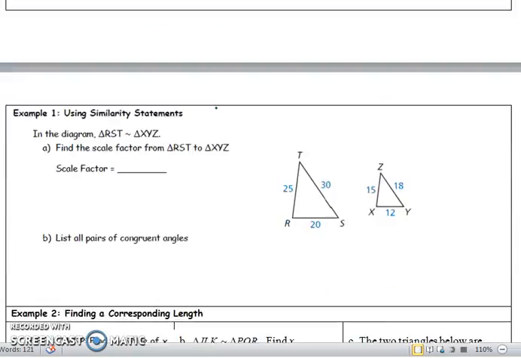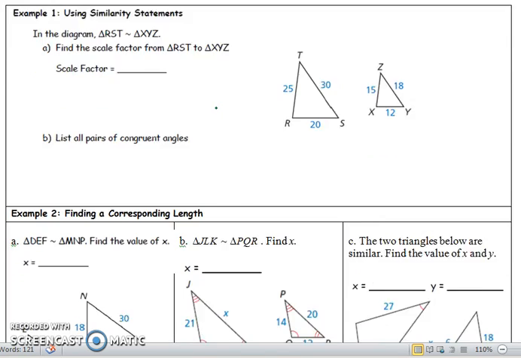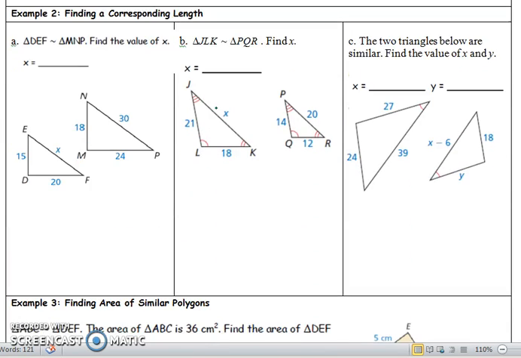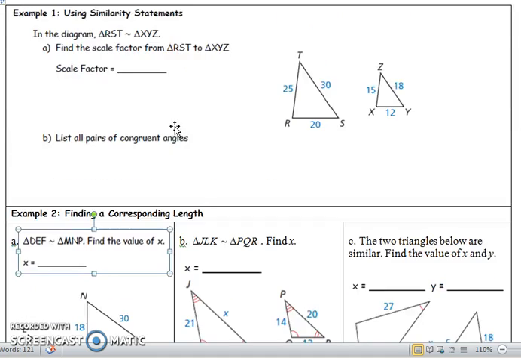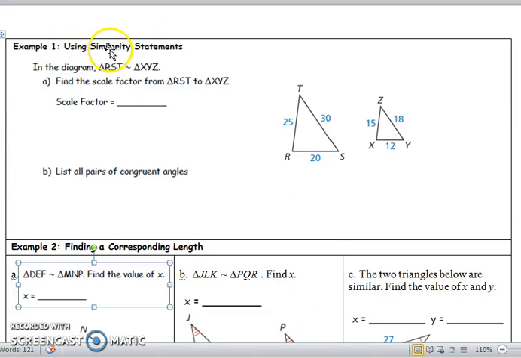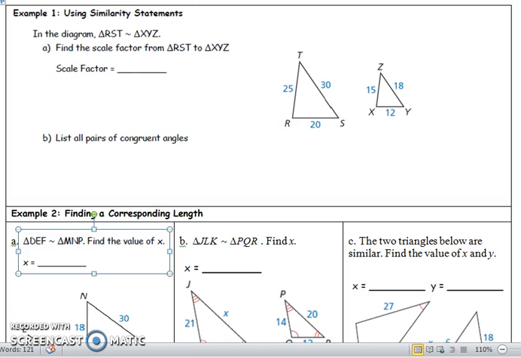Please turn to the back and let's talk about similarity with a few examples here. So on the back, it looks like they want us to do similarity statements first. So let's do that.